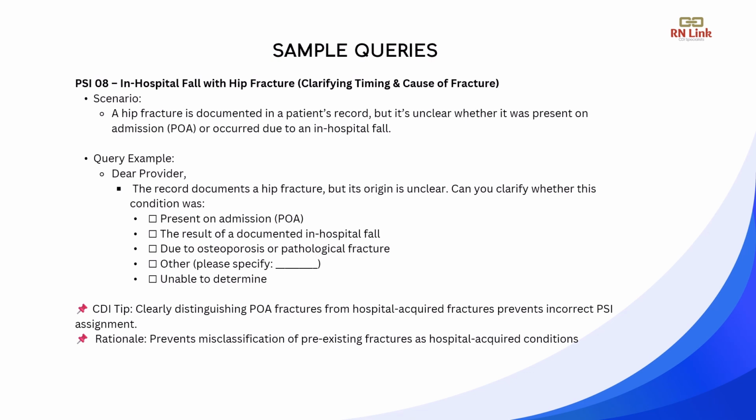Query example. Dear provider, the record documents a hip fracture, but its origin is unclear. Can you clarify whether this condition was present on admission, the result of a documented in-hospital fall, due to osteoporosis or pathological fracture.